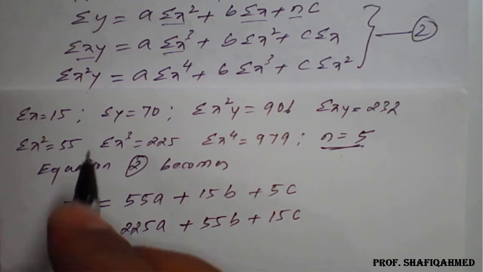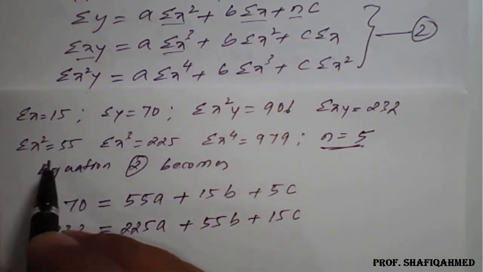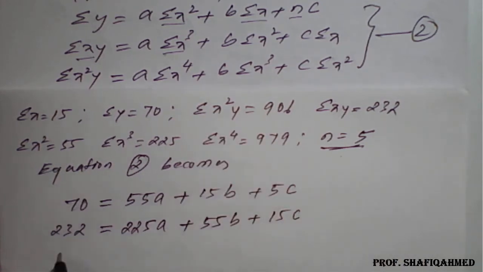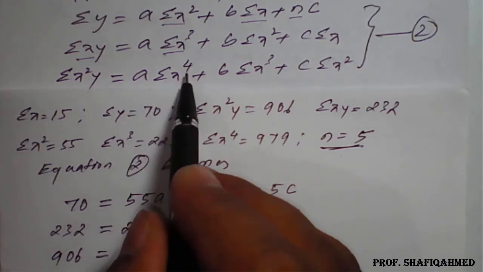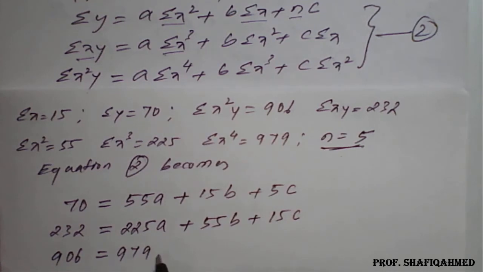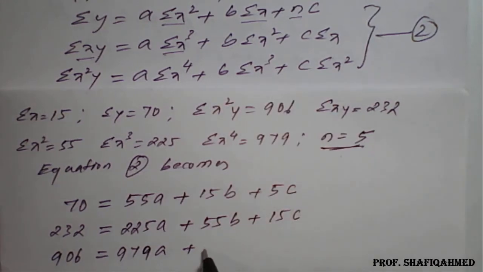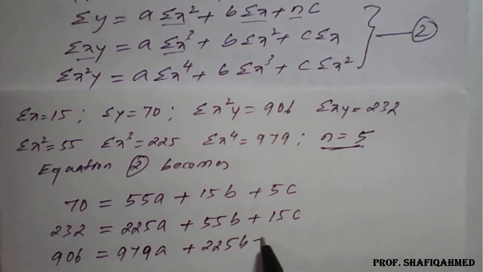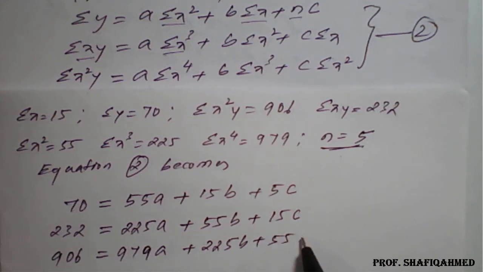Second equation completed. Third equation, summation x square into y. Summation x square y is 906, equal to a into summation x raised to 4, which is 979, so 979a, plus b into summation x cube, that is 225b, plus c into summation of x square, which is 55c.